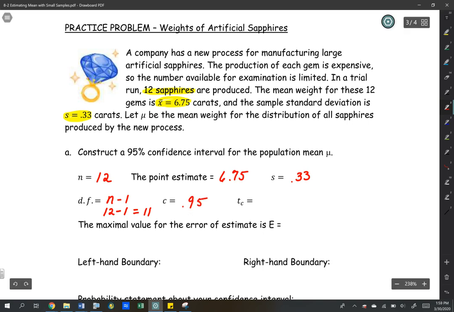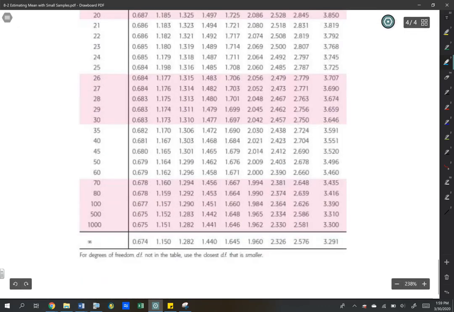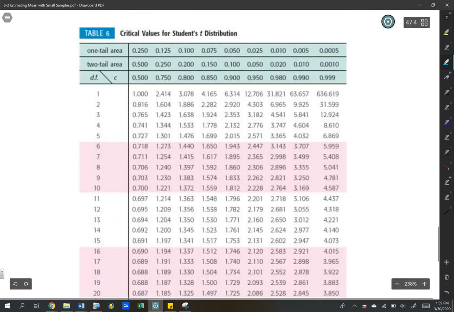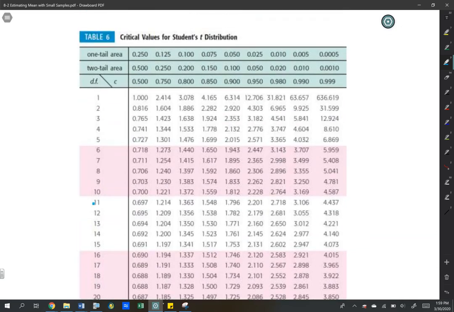And now we have to find the t-score. So we're going to go to the last page of the notes, and we are going to be looking at the degree of freedom equal to 11 for a confidence interval of 0.95. So let's go to the last page and take a look at the table. So we want 11, and we want to match that with the 0.95 column.